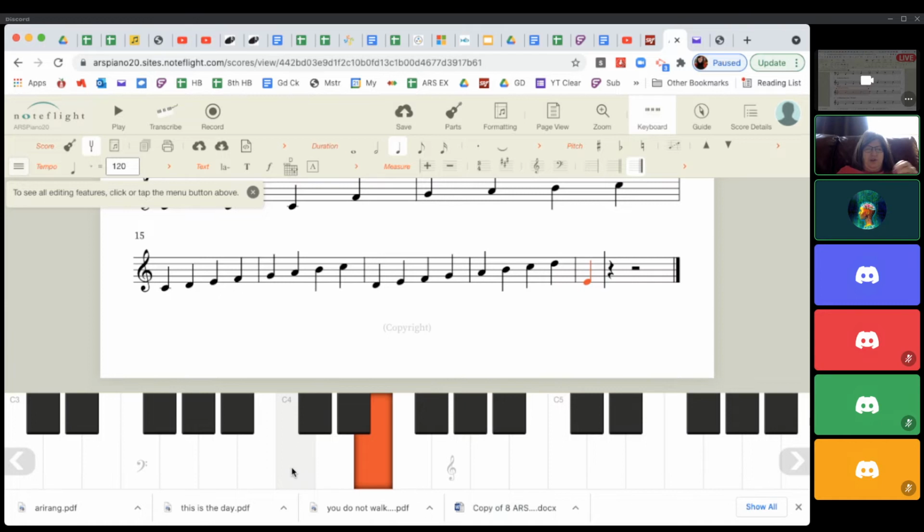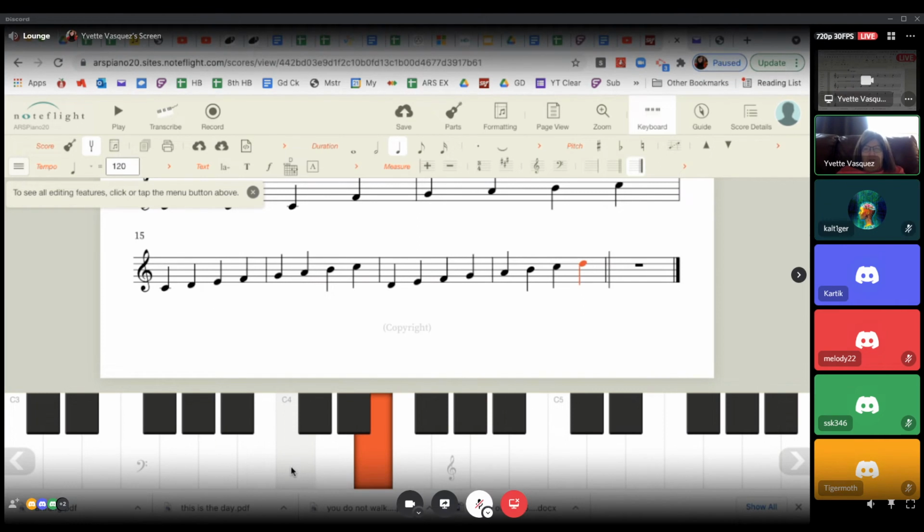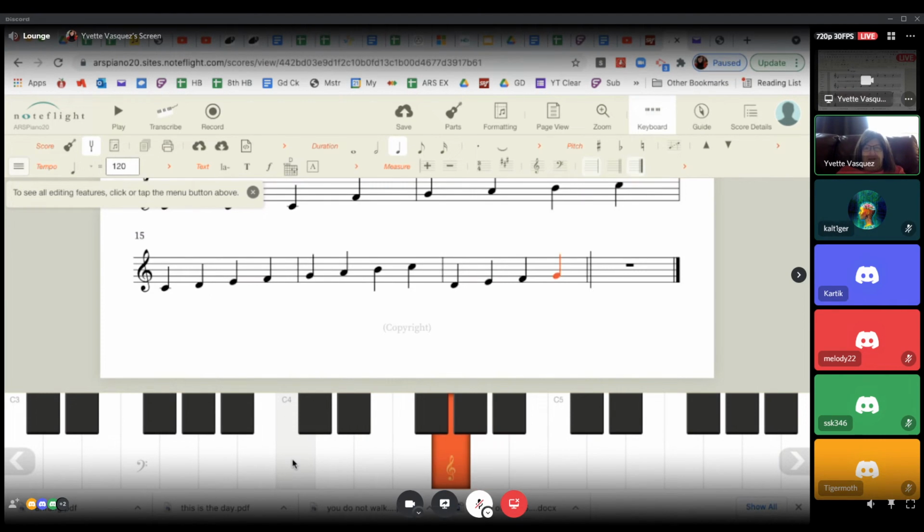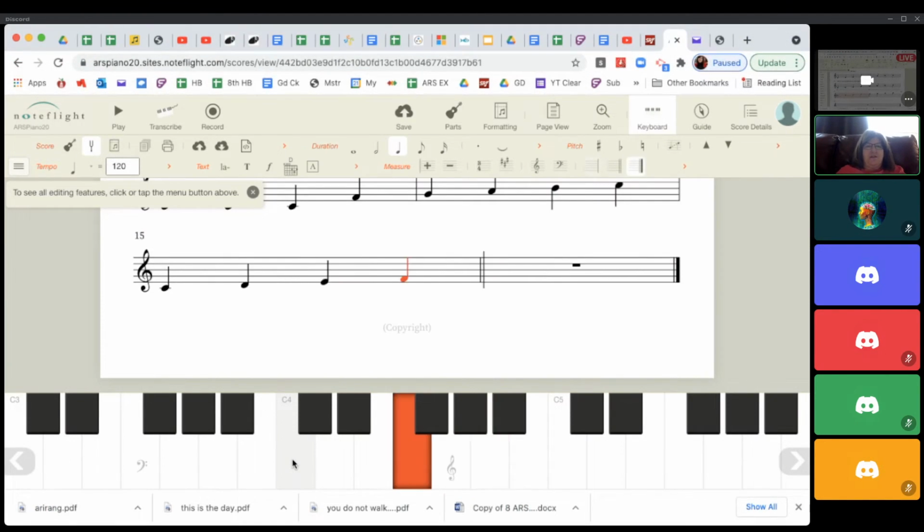When you transpose and move music to different scales, sometimes it gets confusing. So hold on, let me get rid of this stuff on this staff here. Okay, so let's say I'm making the Locrian scale.